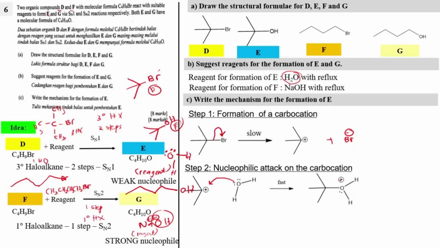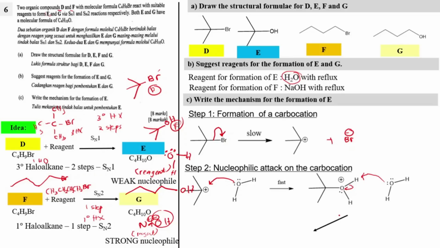So oxygen here will have a positive charge, and then we need to break the bond in order to make a lone pair here. We're going to use water, which is also a weak nucleophile, in order to attack one of the hydrogens, and then we break the bond in order to pass another 2 electrons to the oxygen.